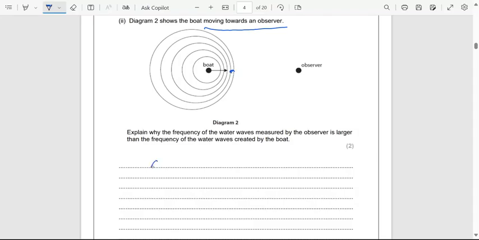So that means that the wavelength is decreased as you move towards the observer. But the velocity of the waves in the water stays the same. That's constant. Okay, so hopefully you can see where this is going.